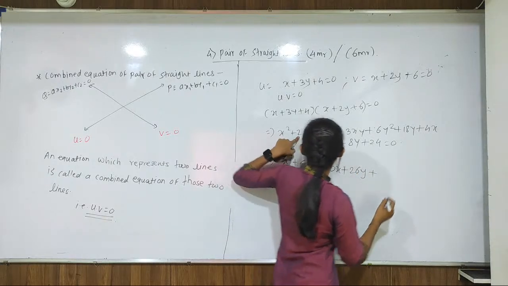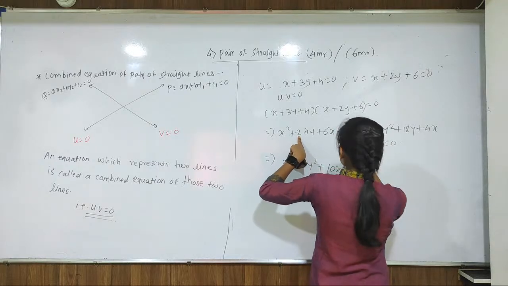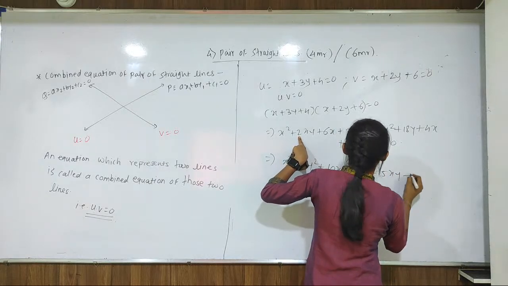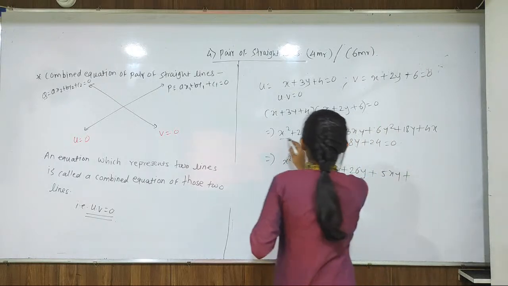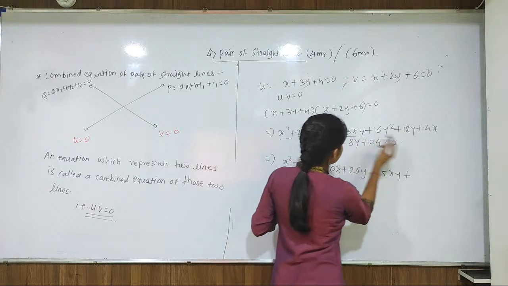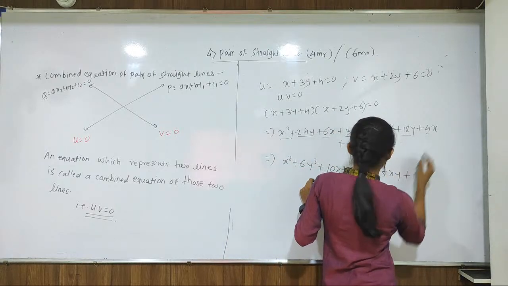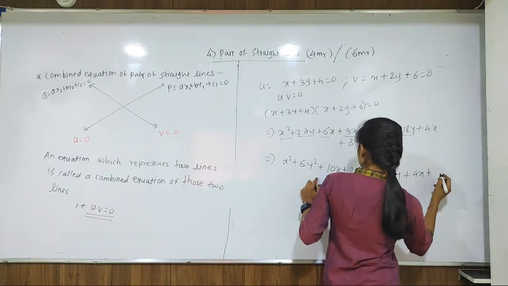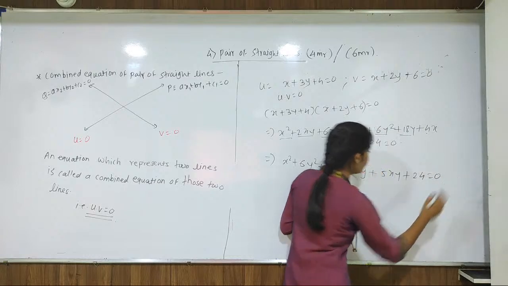Next is 2xy plus 3xy, it is 5xy. This term is done, xy is done, 6y square and 4x plus 4x is also done. So plus 24 is equal to 0.